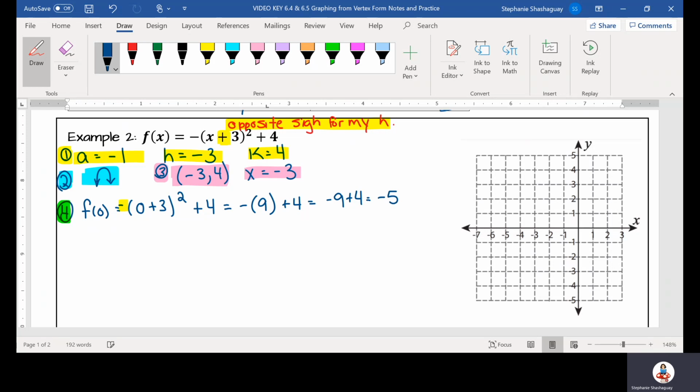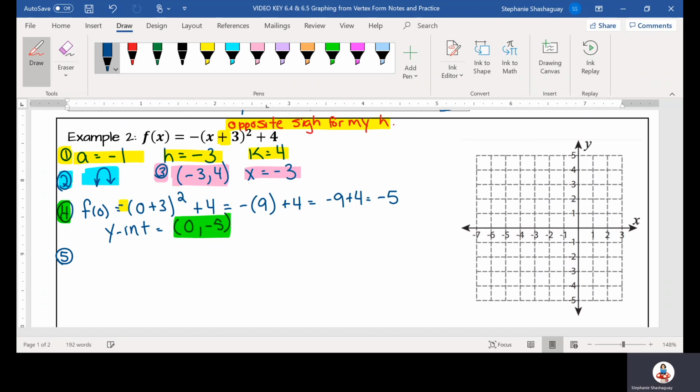So my y-intercept is equal to 0, negative 5. And my y-intercept should always be listed as an ordered pair.